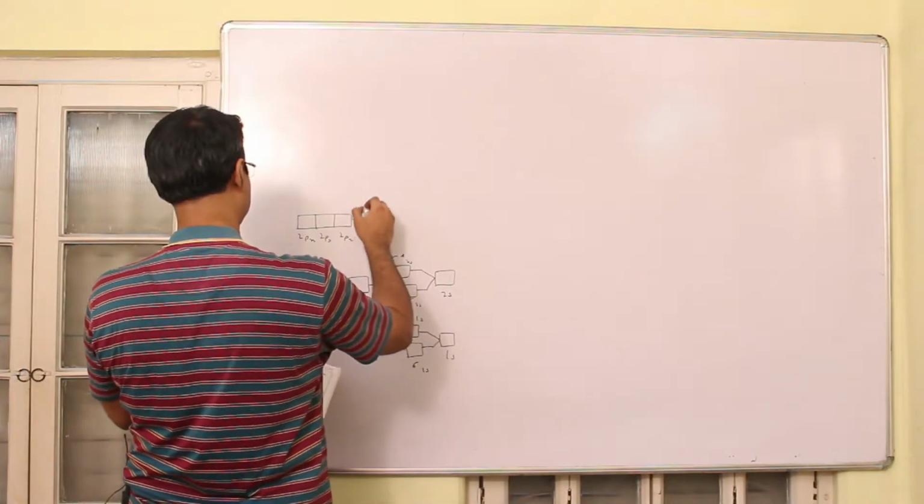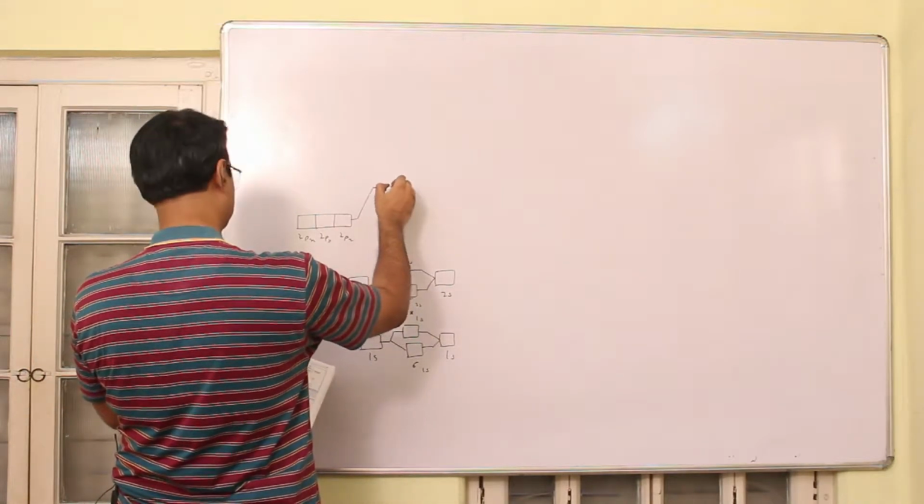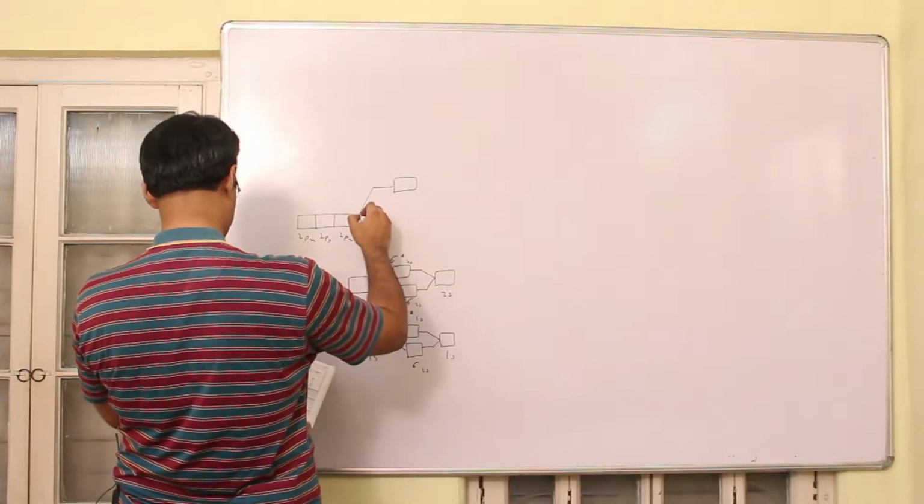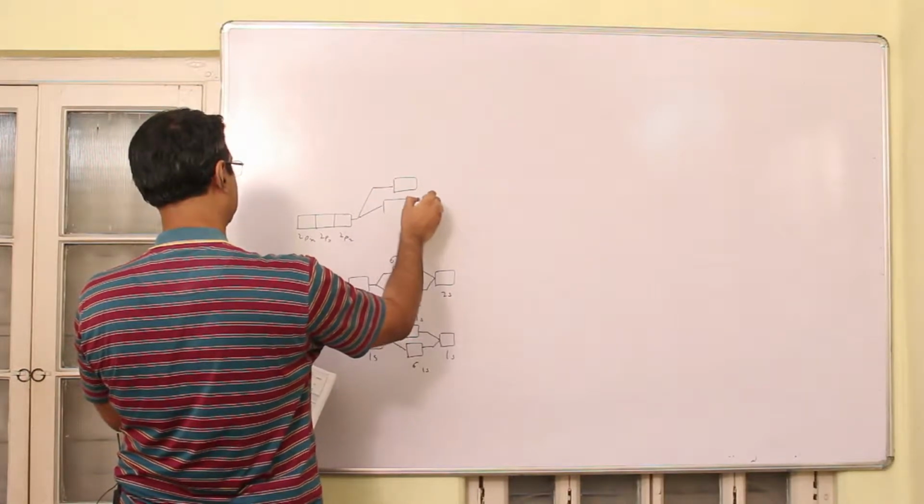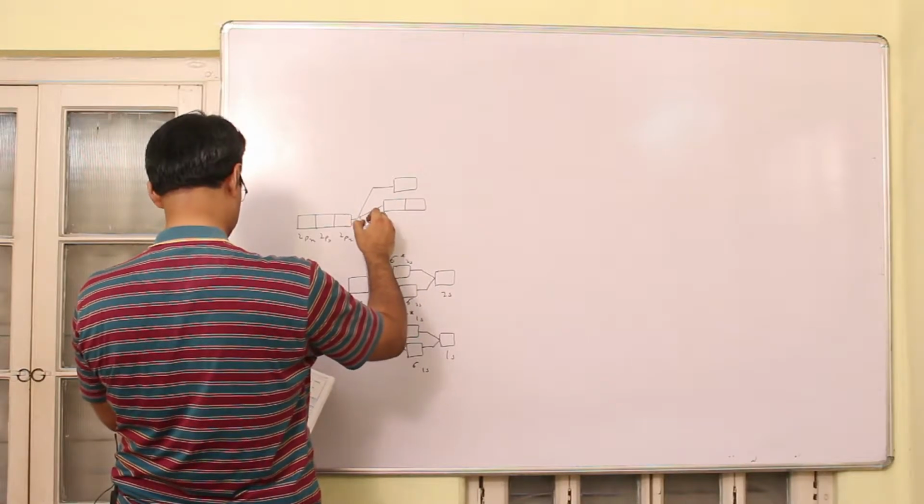Then you have the overlap between the p orbitals, which can happen in these ways.